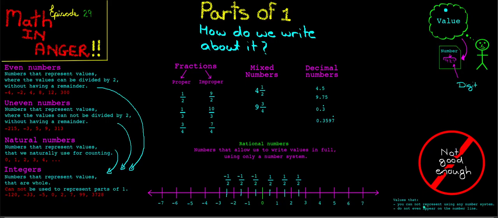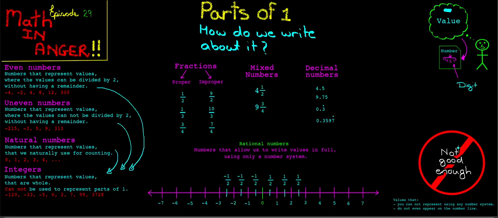It isn't, because there are things that you can think about that cannot be written with any number system. There are also values that you can think of that cannot even be represented on the number line. Yes, I know, believe it or not, that is 100% true. You will learn about that the further you go in mathematics.